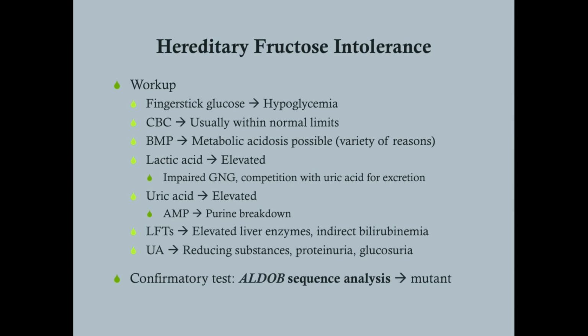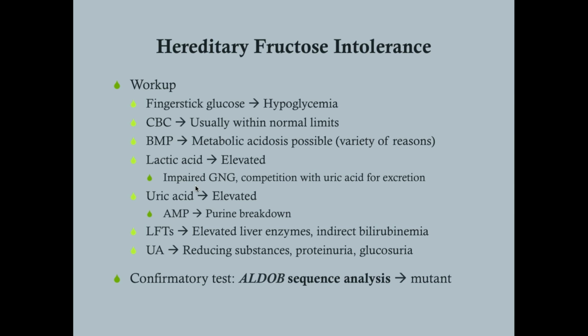So remember, one of the things gluconeogenesis does, in addition to making glucose, is that in the liver it can actually take lactate and convert it back into glucose. That's not necessarily important for making glucose so much as it's important for getting rid of lactate. And so if this enzyme is not working, you're going to have some impaired gluconeogenesis and you're going to be at risk of lactic acidosis.